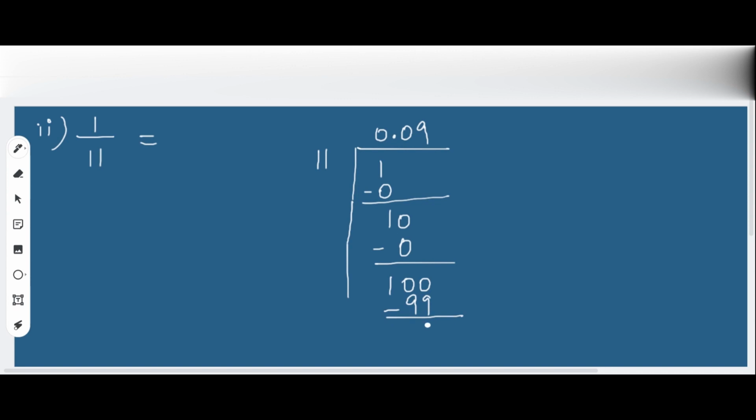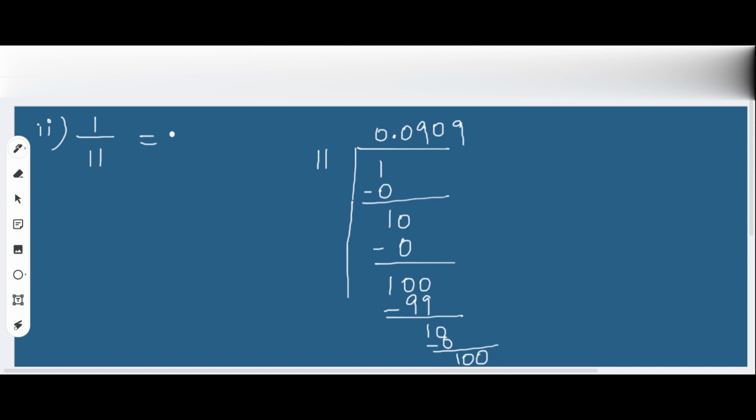Right? 100 minus 99 is 1. So look at your question, the same one. Here also the same one. So it keeps on repeating again, right? So you insert a 0, and it's 0 times. Then 100 again, 11 times 9 is 99. So it keeps on going.